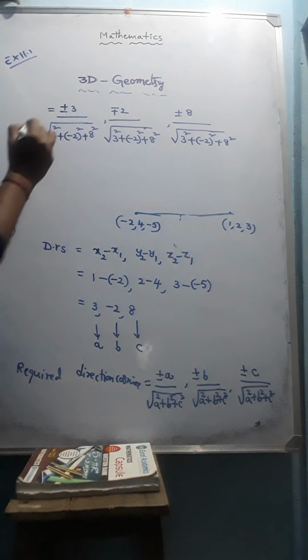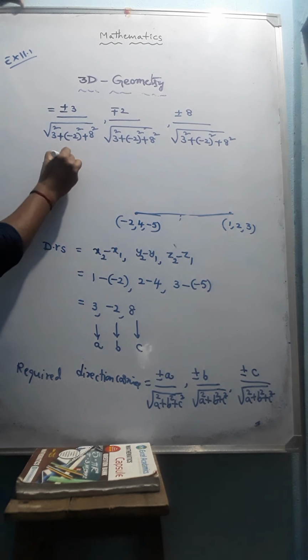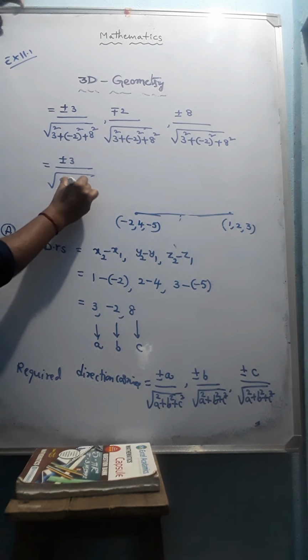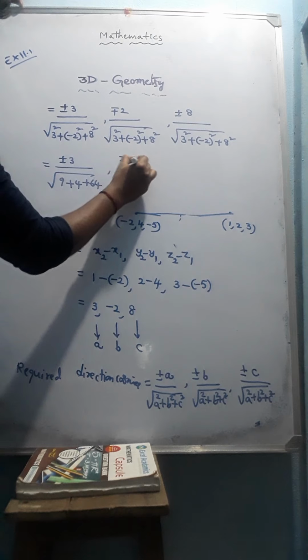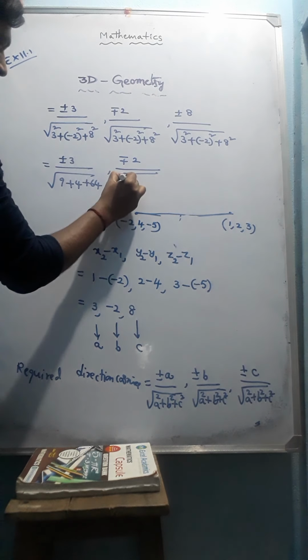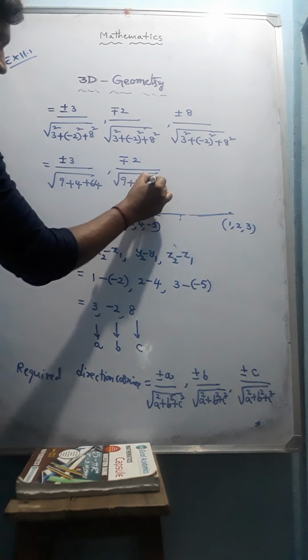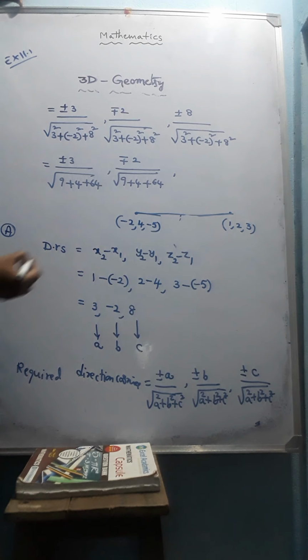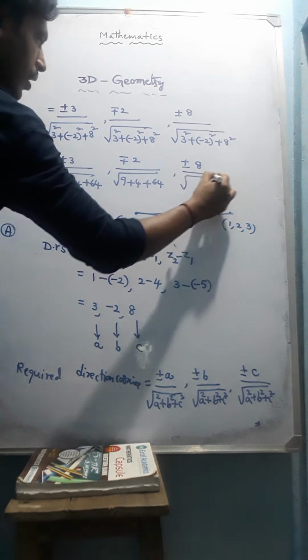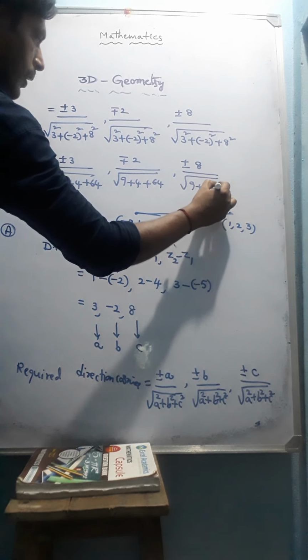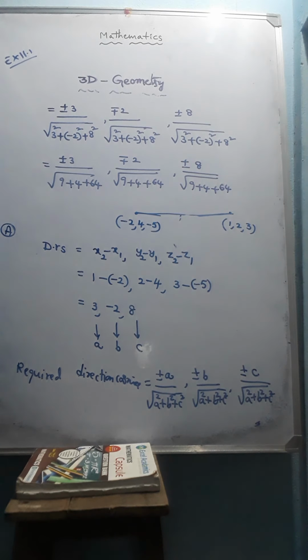That is equal to plus or minus 3 by square root of 9 plus 4 plus 64, comma, minus plus 2 by square root of 9 plus 4 plus 64, comma, plus or minus 8 by square root of 9 plus 4 plus 64.